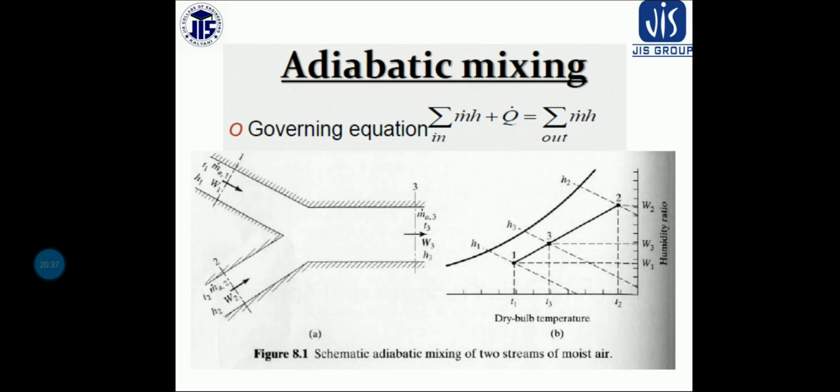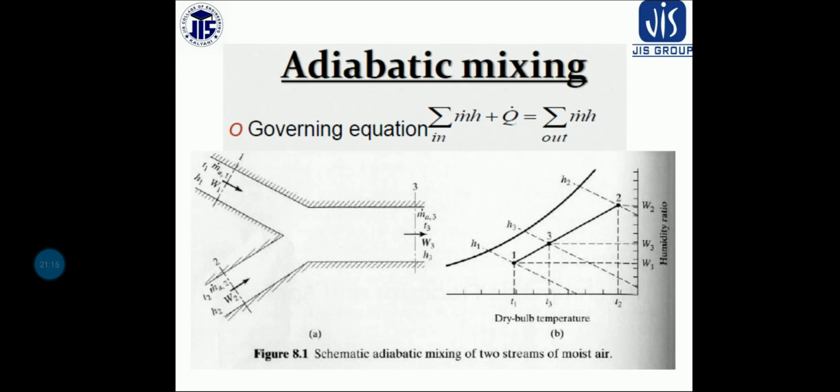Now in the diagram you can see the schematic of adiabatic mixing of two streams of moist air. From the left side to the right side, you can see the enthalpy H1, specific humidity W1, and mass flow rate m_a, with T1 the temperature of section 1 and T2 the temperature of section 2.